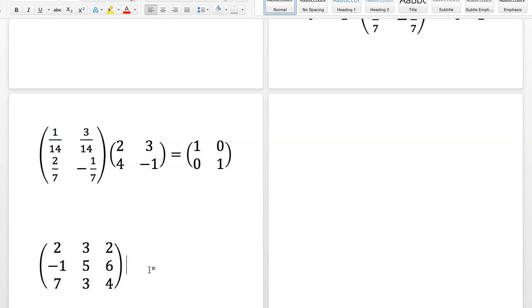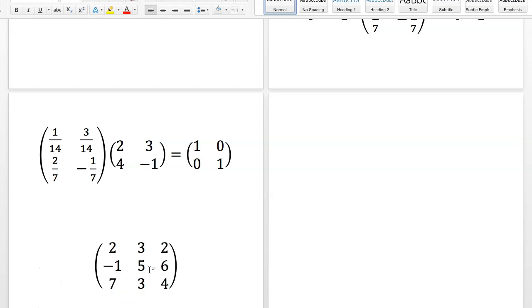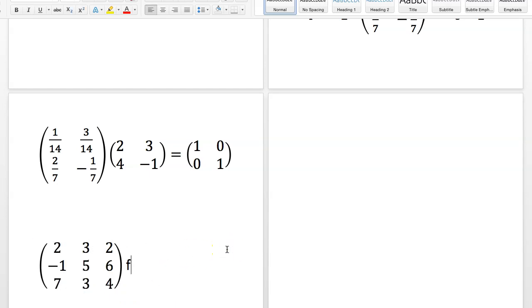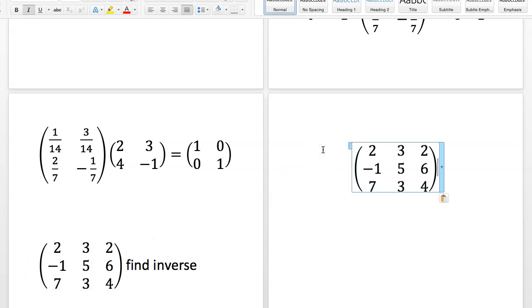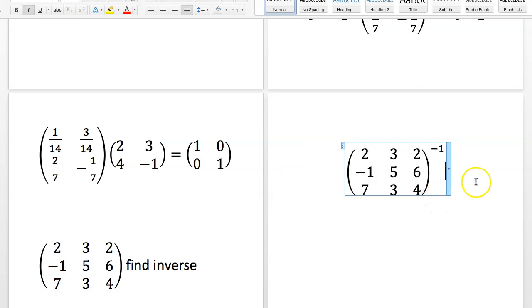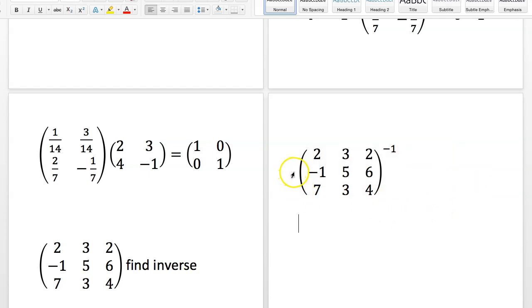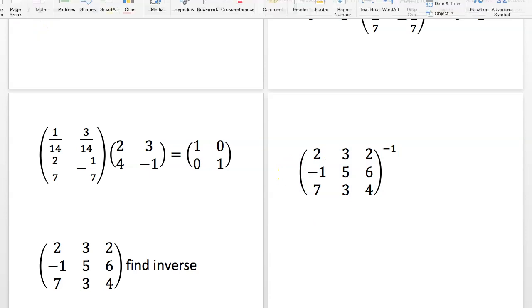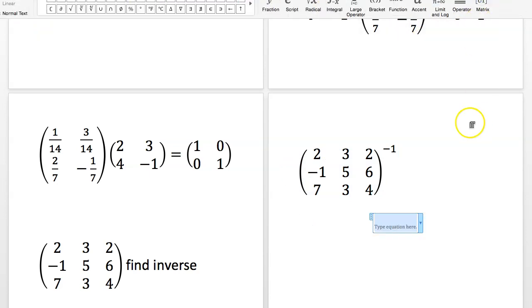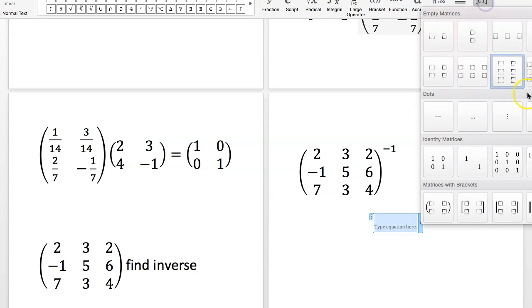Now let's say that I want to find the inverse of this. To find the inverse, that's the negative 1 power. So what you do is you'll have to go to matrix.